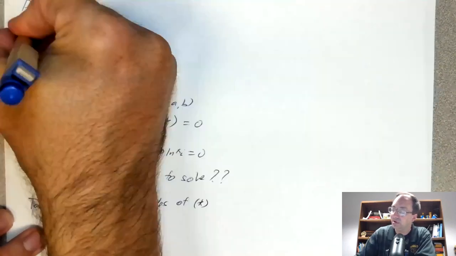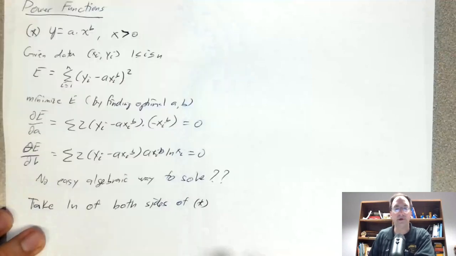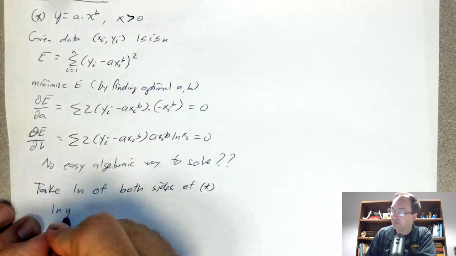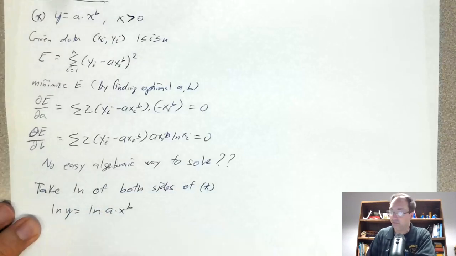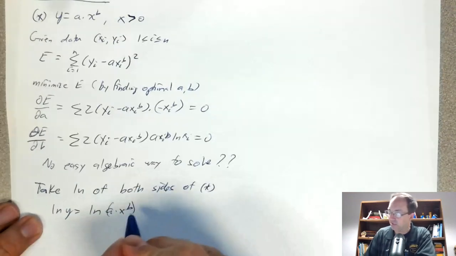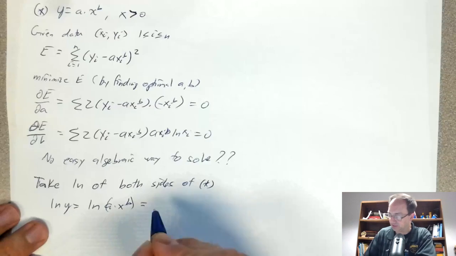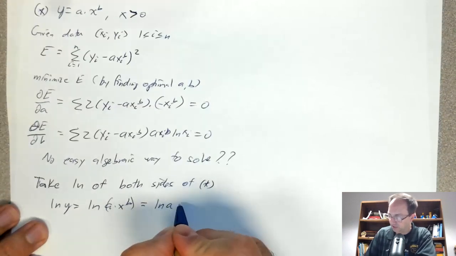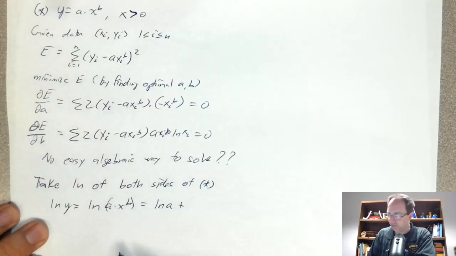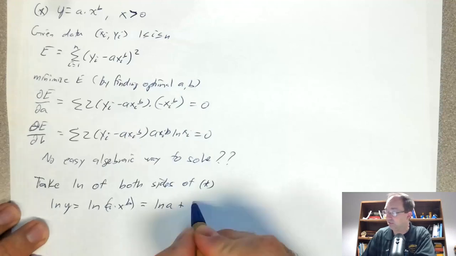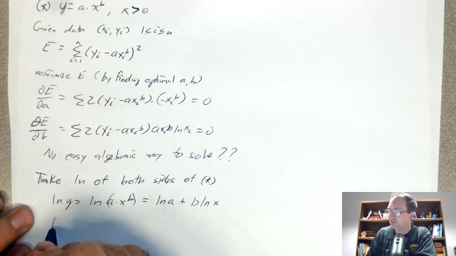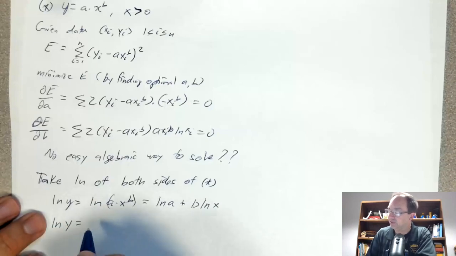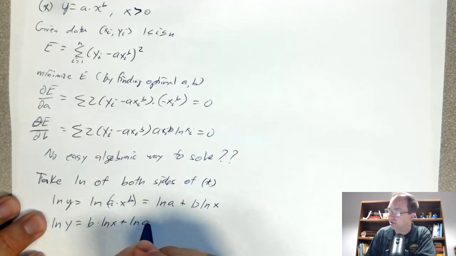We'll call this equation up here star. And so I have natural log of y equals the natural log of a times x to the b. And of course, the advantage of that, by properties of logarithms, is I can split up a product into a sum, and I can also bring the exponent down. So now what I have is the natural log of y is equal to b times the natural log of x plus the natural log of a.